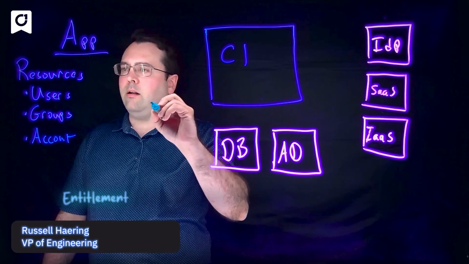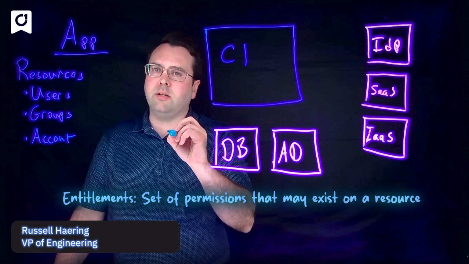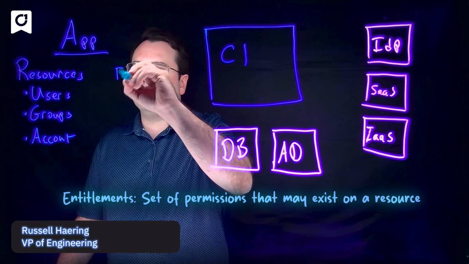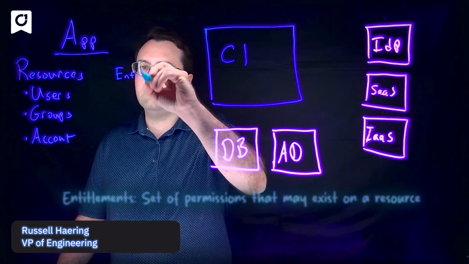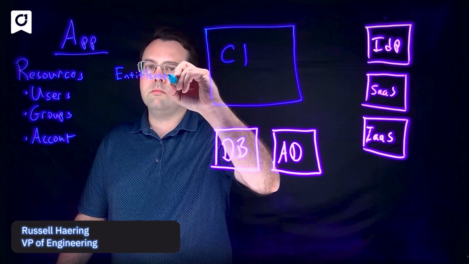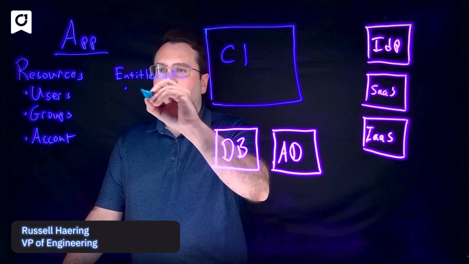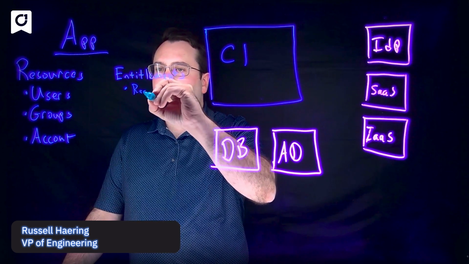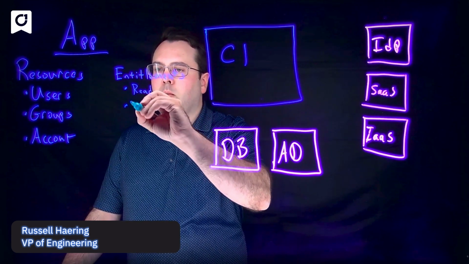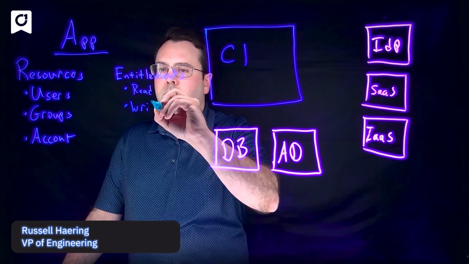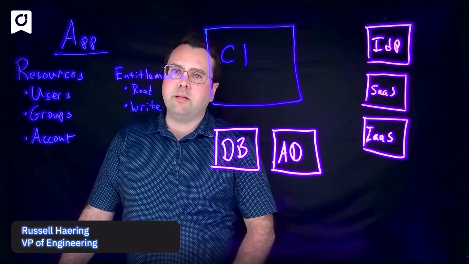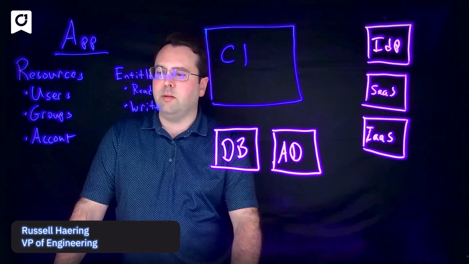Applications also have entitlements. An entitlement is a set of permissions that might exist on a resource. So for example, read, write, or in most applications, there's a lot of more complex entitlements as well.